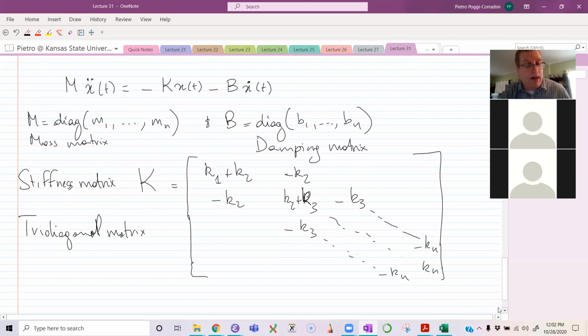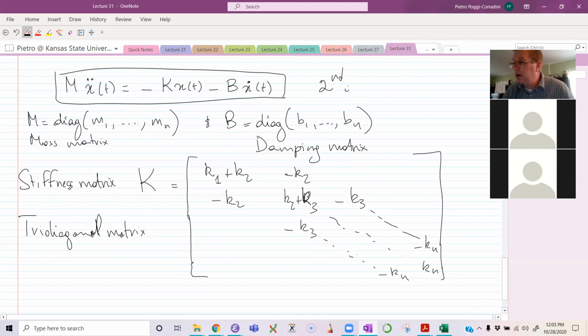And this is a standard trick now to change this second order ODE to a first order ODE.